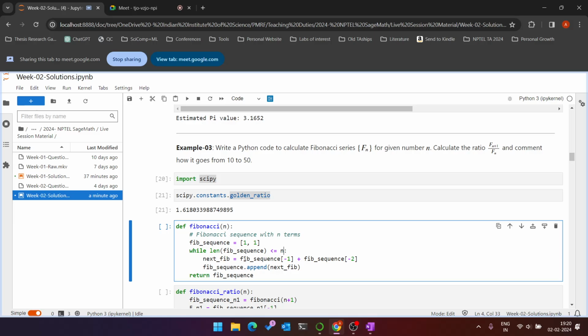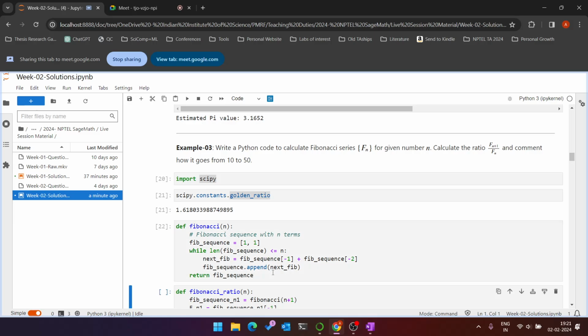And the next term in the Fibonacci sequence is basically the sum of the previous two terms. So this is the last term, fib sequence minus 1, and this is the second last term, fib sequence minus 2. They are being summed to obtain the n plus 1 term, and then we add this term using the append command to the original list. And this should help us return the Fibonacci sequence.